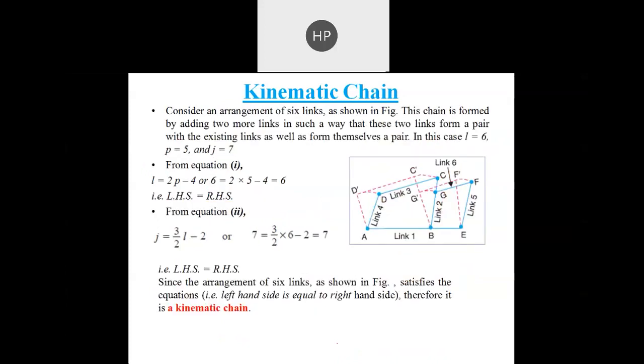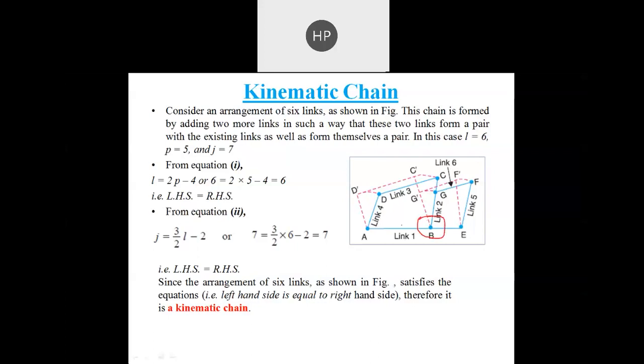Then we have one more example. In that one we have 6 links: link 1, link 2, link 3, link 4, link 5, and link 6. Now the pairs. Here link 1, link 2 and link 3 are connected, so this is pair 1.